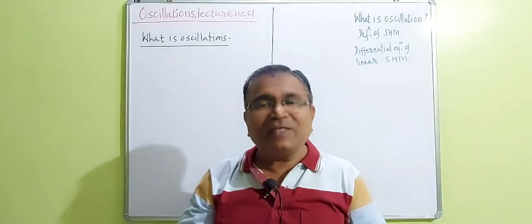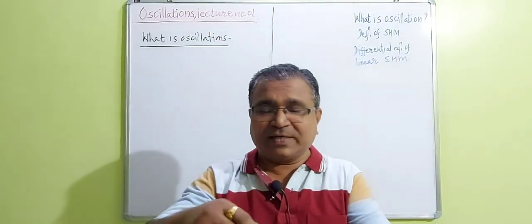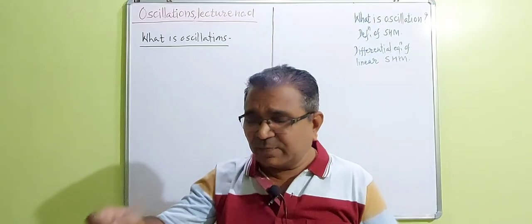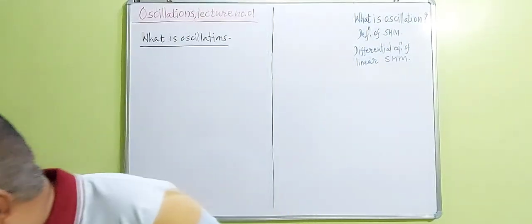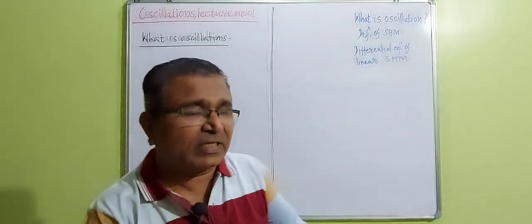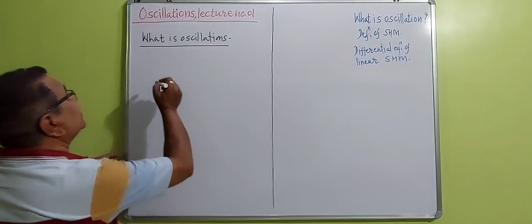So the definition of oscillatory motion I will write like this. So let me put this simple pendulum on the table.